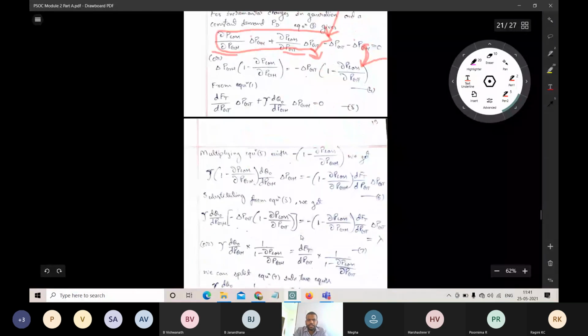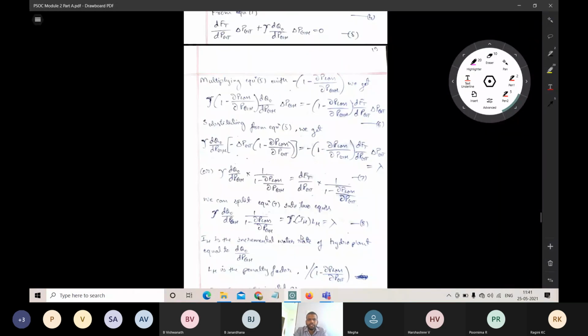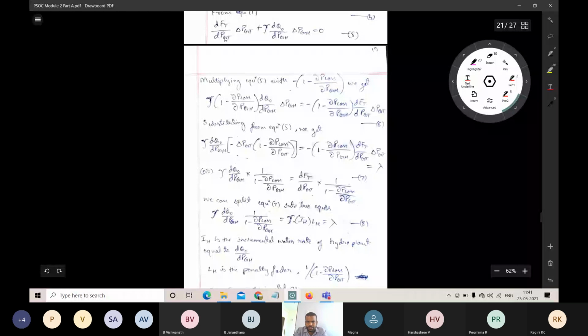And we have to multiply this equation by 1 minus dou P loss by dou Pgh, and again multiply by dou P loss by dou Pgt. So what happens to our equation? Just look here: nu of 1 minus dou P loss by dou Pgh, dQ naught by dPgh.